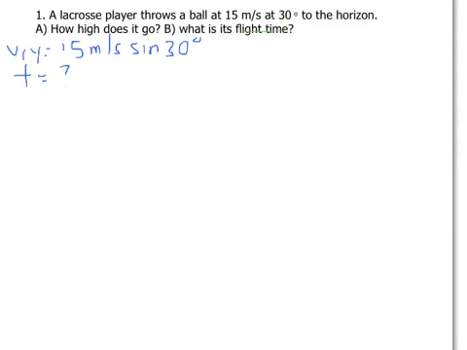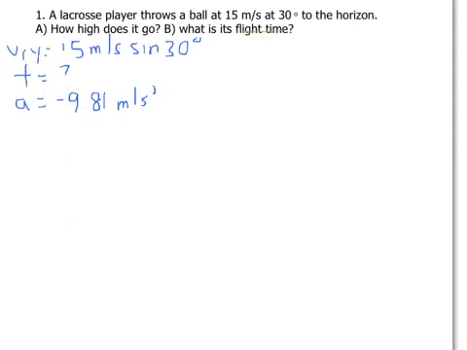And remember, because it's a projectile question and this object undergoes acceleration due to gravity, the acceleration is negative 9.81 meters per second squared. We now have 3 kinematic variables, but for every kinematic equation we use, there are 4 variables.